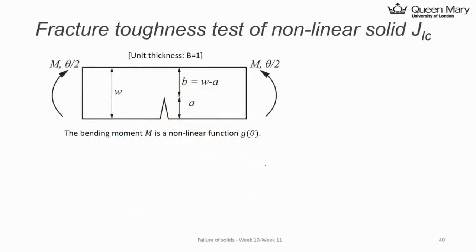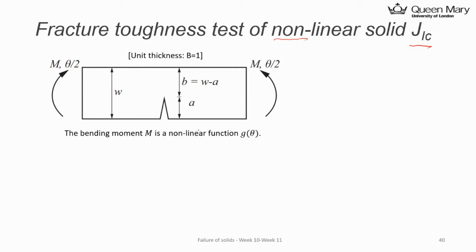But there is another simple approach, which we call the JIC test, just to test the fracture toughness of nonlinear solid without using the integral. That's kind of a contradiction with our derivation, but it's still using the idea of the integral, but in some way you cancel that out.